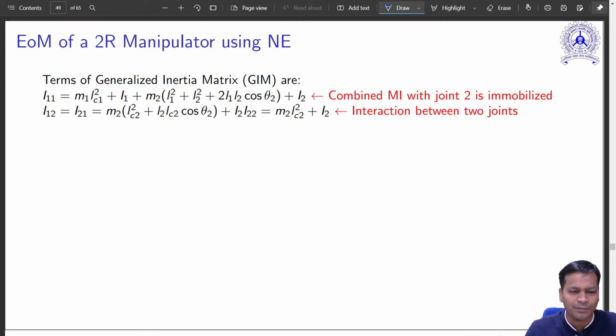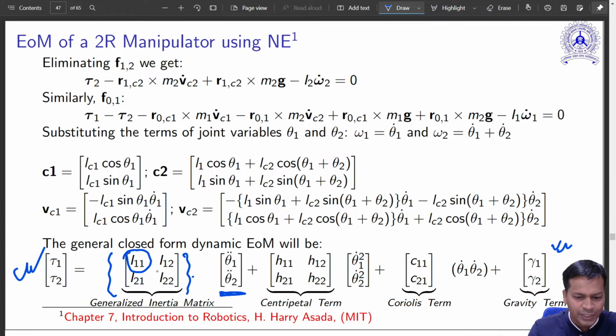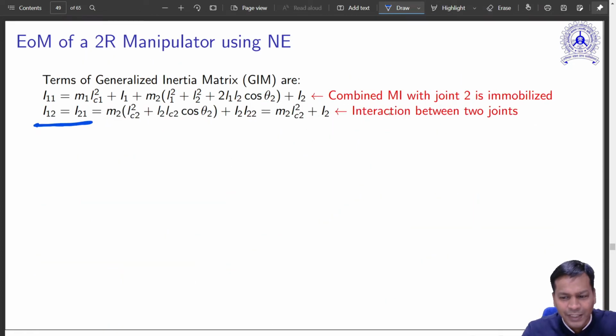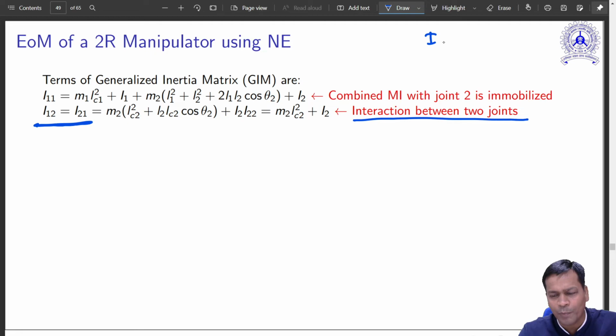Now the second term, I12 or I21. That is the off-diagonal terms. That is the interaction between the joints. If you remember your moment of inertia, this was Ixx, this is Ixy, coupled moments of inertia, Iyx and Iyy.